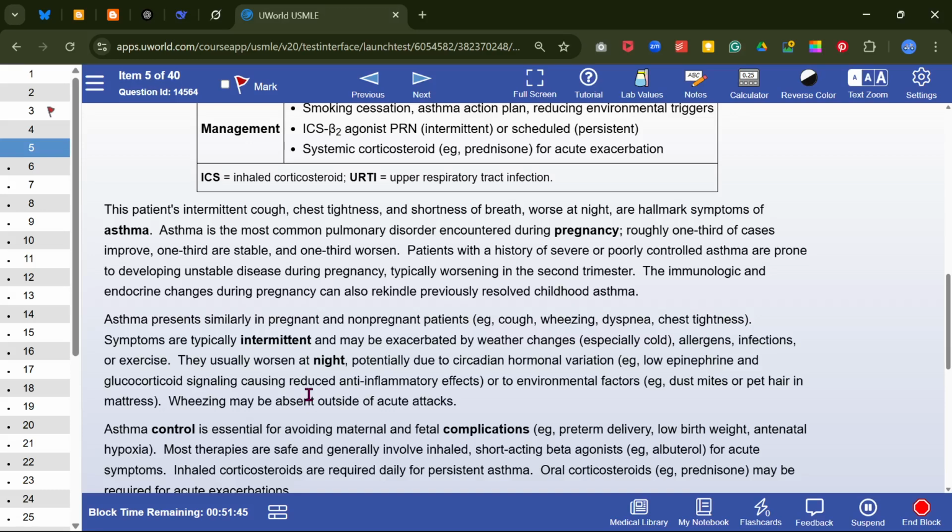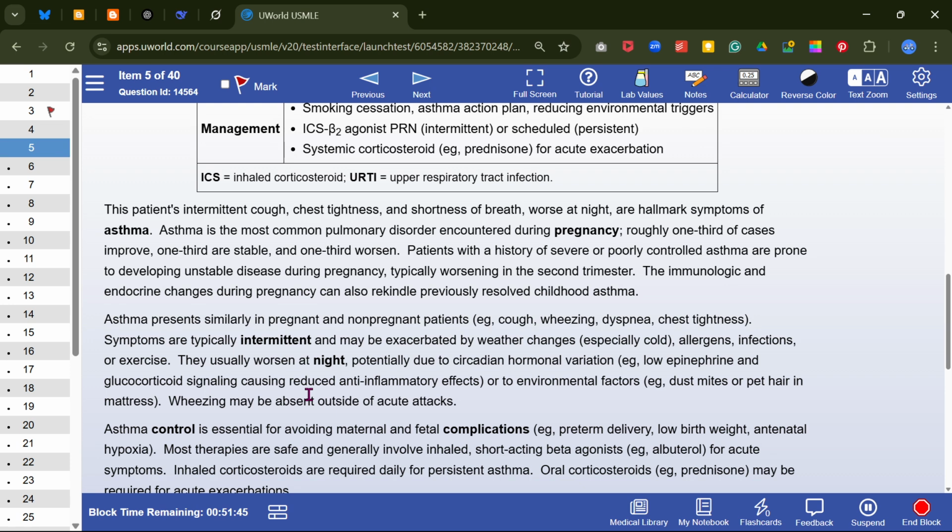Asthma presents similarly in pregnant and non-pregnant patients: cough, wheezing, dyspnea, chest tightness. Symptoms are typically intermittent and may be exacerbated by weather changes, especially cold, allergens, infections, or exercise.